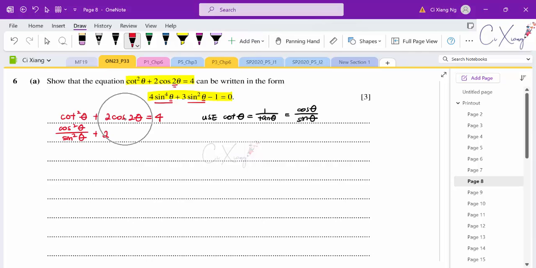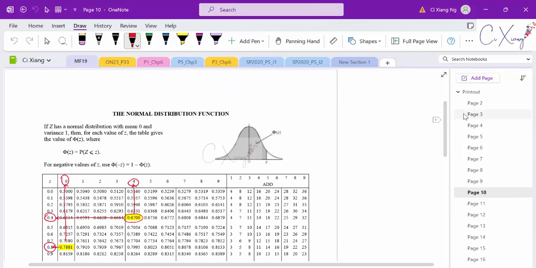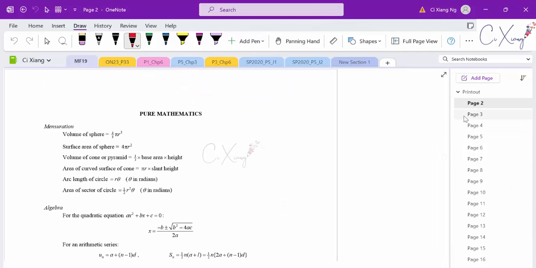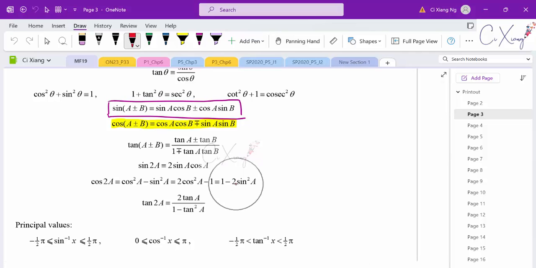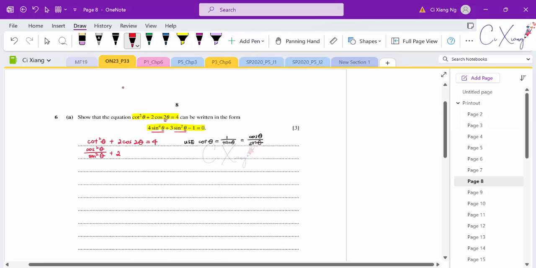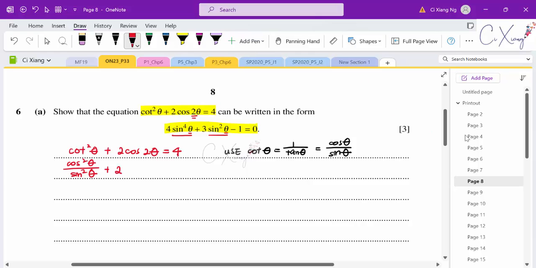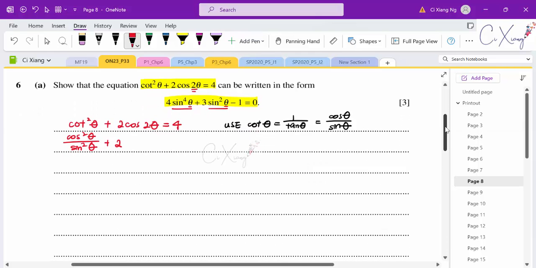Now let's have a look at cos 2 theta. This is a double angle, so we want to link it with something in sine. If you can't remember, you can refer back to the formula booklet provided. There are 3 double angle formulas for cos 2 theta, and I want the one that involves only sine squared. So it is quite important to know the direction you need to go.